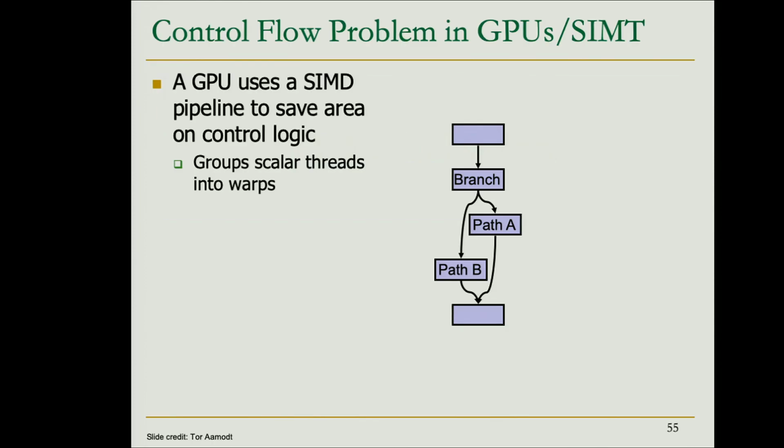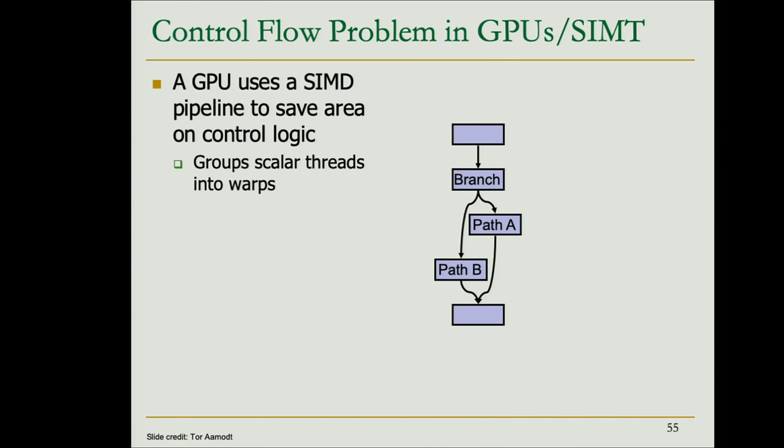The other day we already introduced the problem that we might have with the SPMD model. The good thing about the SPMD model is that I can write whatever I want. I can use control flow statements, for example, and I can have thread 0 going this way and thread 1 going this other way. You have a clear example here.